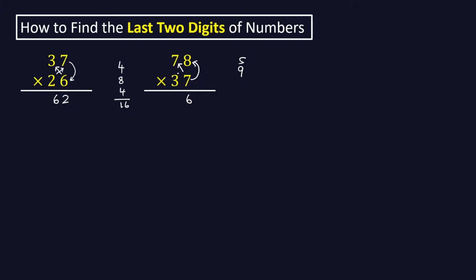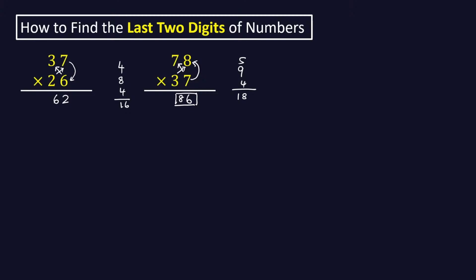Then you multiply 3 with 8, gives us 24. Take the unit digit of this number, which is 4, and add these three numbers. You are getting 18. And from here you will take the unit digit, which is 8, and write it here to get the last two digits, which is 86, when 78 is multiplied with 37.